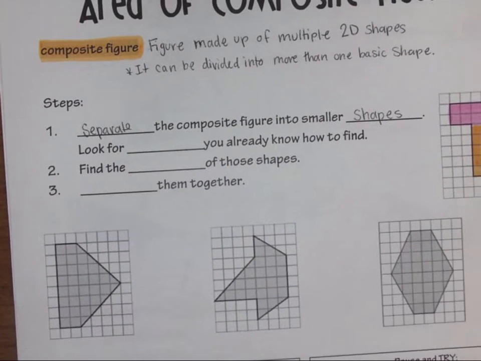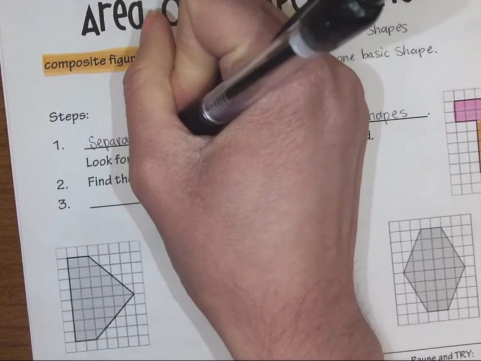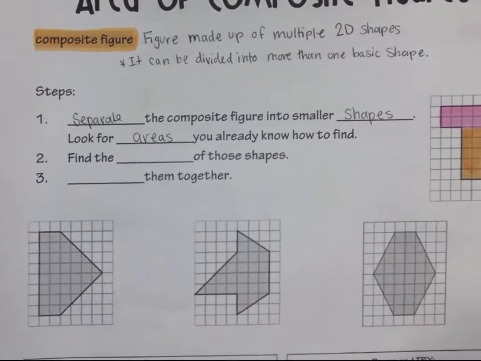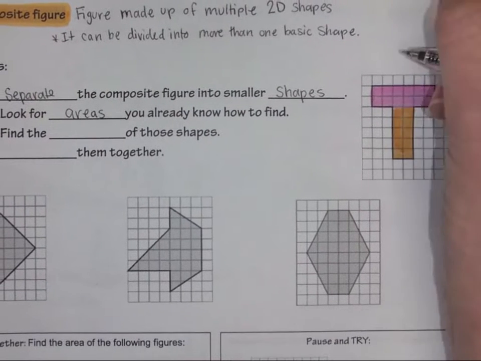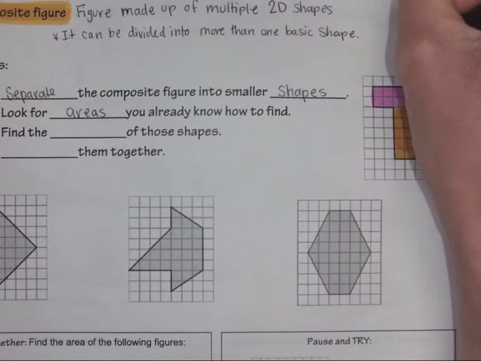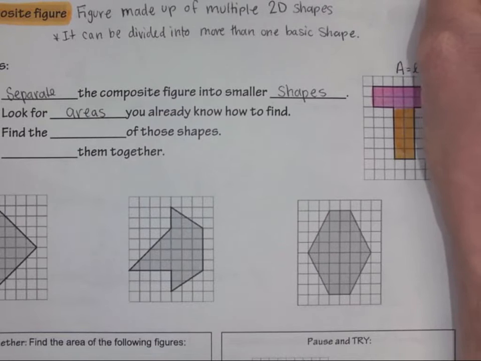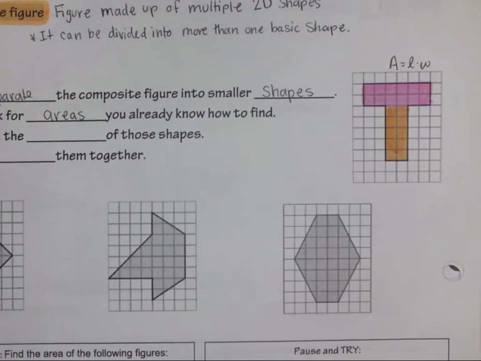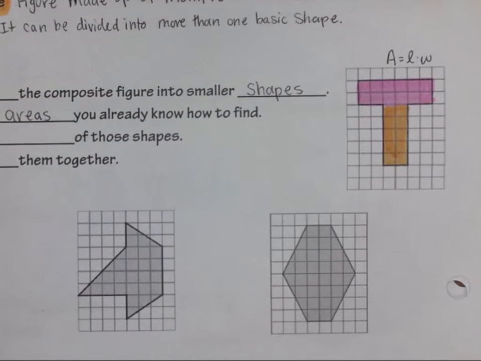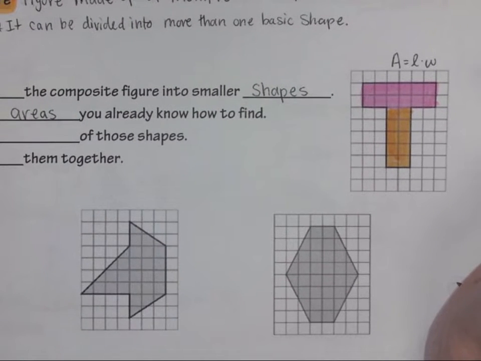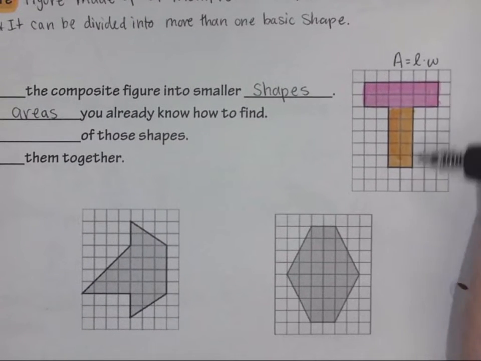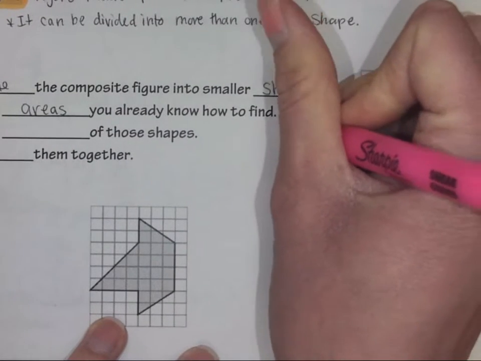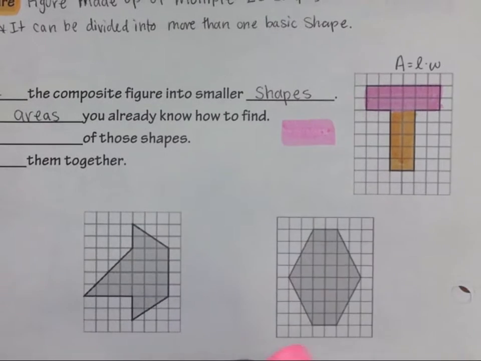Once we do that, we are going to find the areas we already know how to find. So we already know how to find the area of a rectangle. Area of a rectangle is length times width. You do that little curly L, length times width. Zoom in a little bit here. And to find the area of this pink rectangle, I'll make a little pink area over here so you can keep these straight.